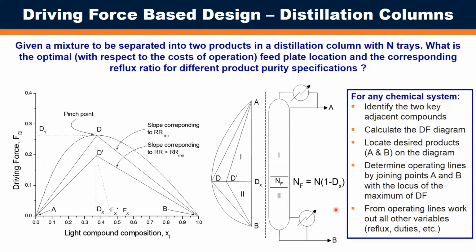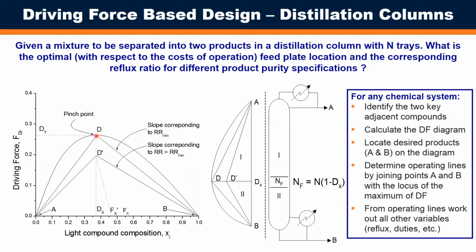If you plot it in terms of the driving force instead of just the composition, then what you're looking at is a curvature like this. That is the driving force for this composition range. And what we're looking for is the maximum driving force, which is located at this point right here.